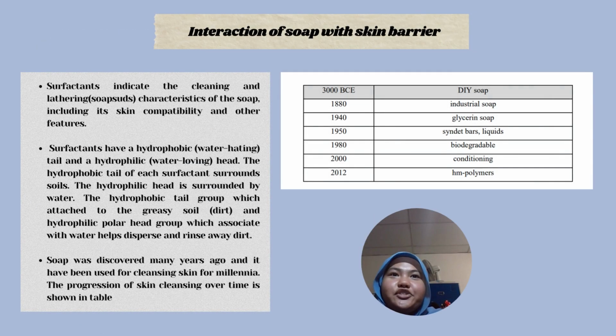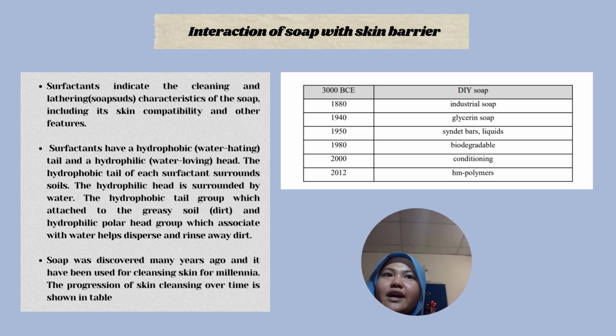Continuing with the interaction of bath soap with the skin barrier. Surface active agents, also known as surfactants, are the essential cleaning substances. Surfactants determine the cleaning and lathering characteristics of the soap, including its compatibility and other features. Surfactants stir up activity on the surface being cleaned to help trap dirt and remove it from the surface.